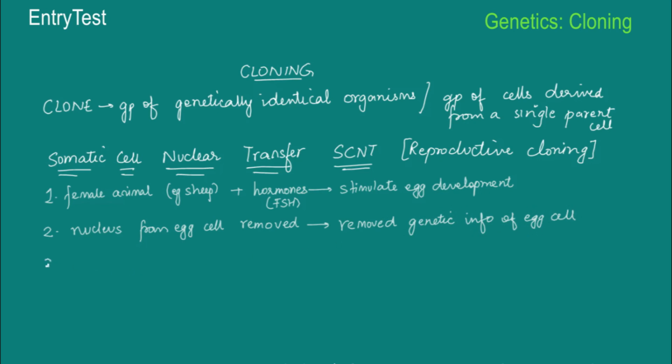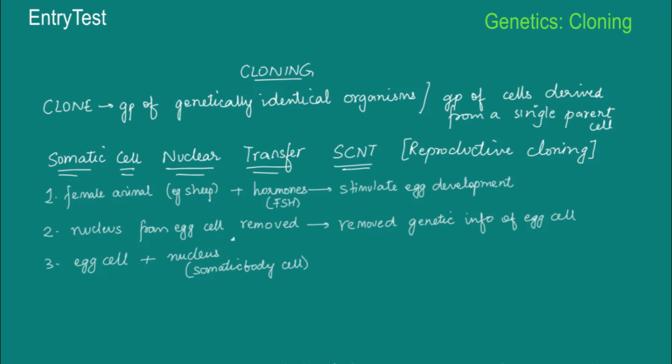The third step is that the egg cell, without the nucleus now because it was removed in the second step, is fused with the nucleus from a somatic body cell. Now usually the egg cell is going to have the haploid number of chromosomes, and then it fuses with the male gamete, which also has the haploid number of chromosomes.